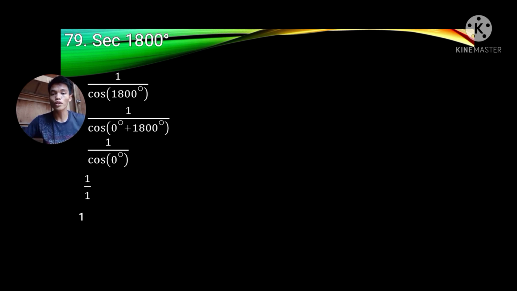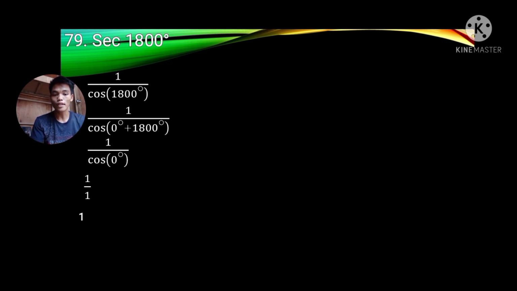In the situation in number 79, you are going to find the function value of secant 1800 degrees. To find it, we are going to transform first the expression using the reciprocal identity, so that the result is 1 over cosine 1800 degrees.